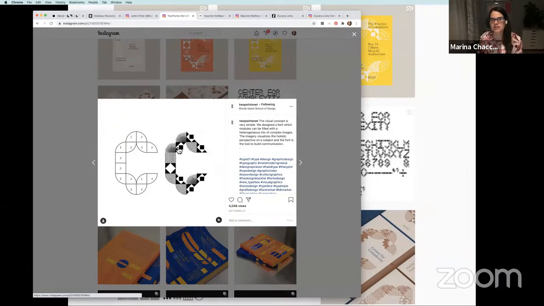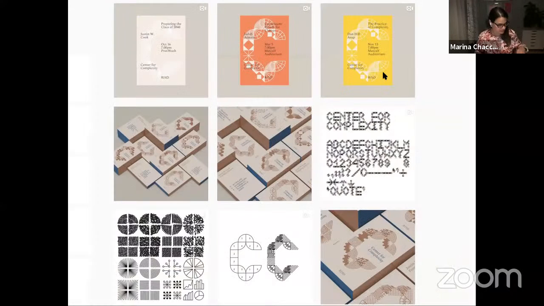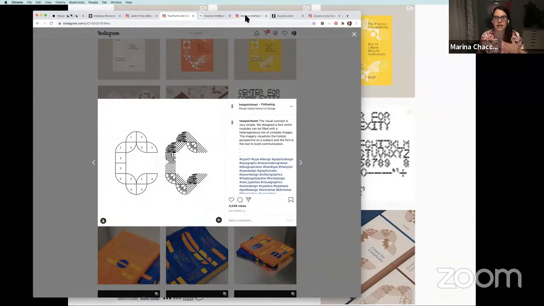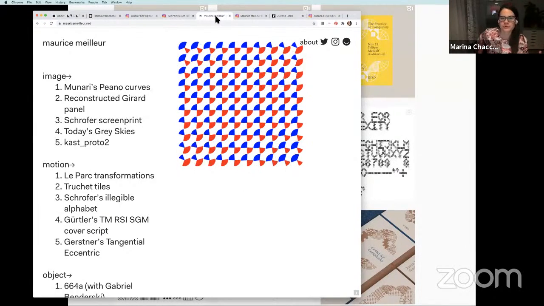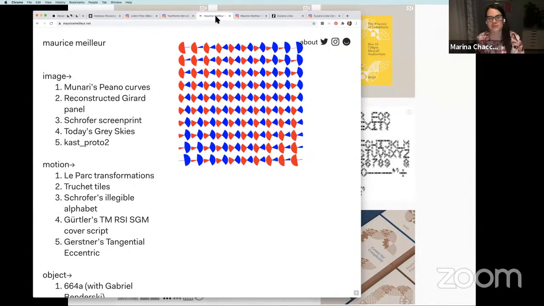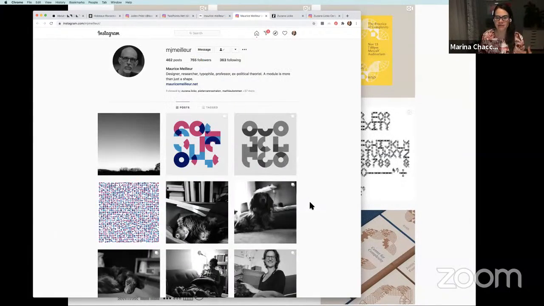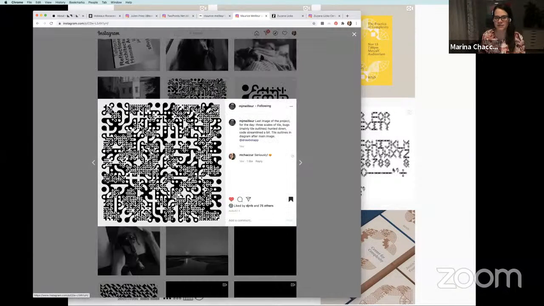Basically you have ornaments and they can be replaced because the structure is the same. Another person who does things that I love is Maurice Meilleur, who was unable to join us today. He sent me an email right before. But I love his work and everything that he has been doing with ornaments. I just die for them.